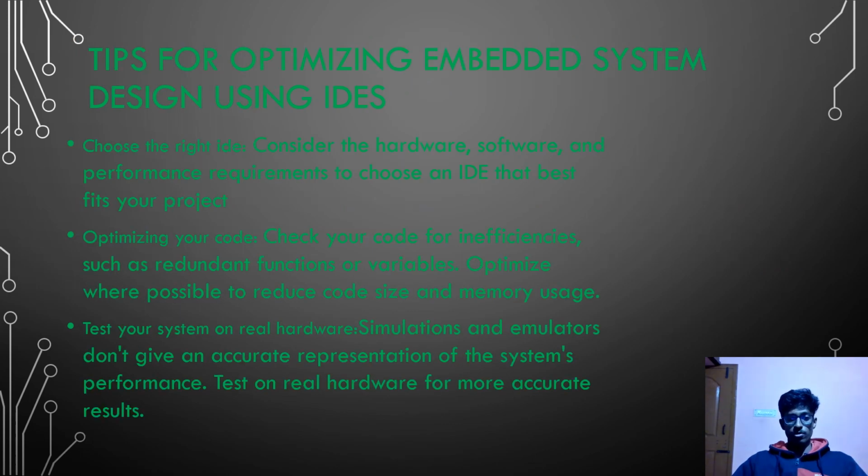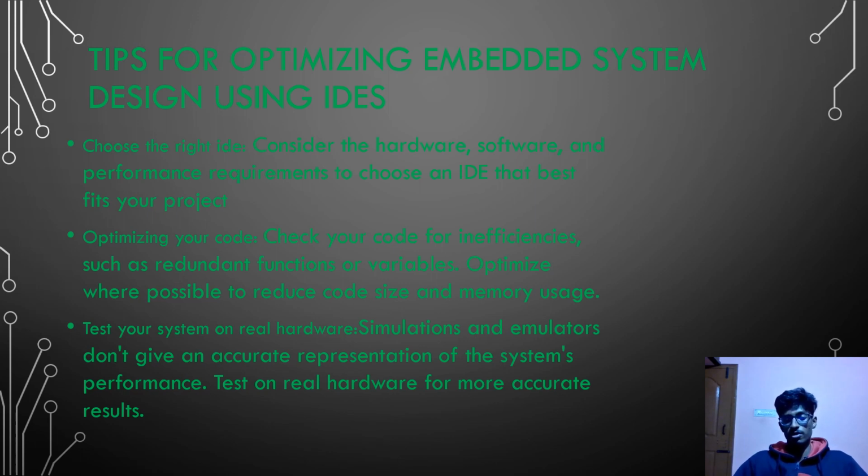We're going to talk about the tips for optimizing embedded system design using IDEs. Choose the right IDE. Considering the hardware performance and the software capabilities of the current platform you're using, you should use an ideal IDE that fits your project so that you may take less time for developing tasks and managing.